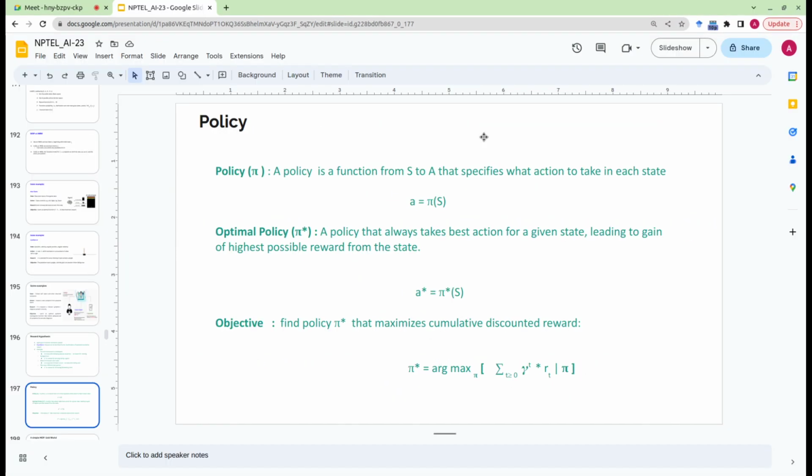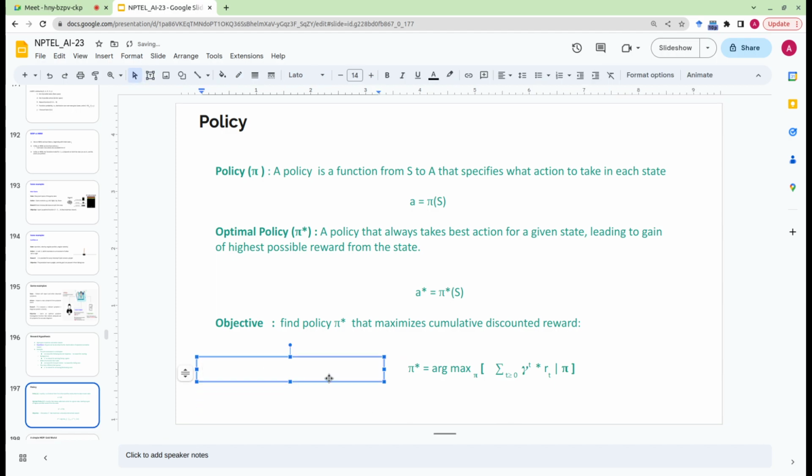Let me write it down for you, which will make much more sense. I'll always try to optimize capital R, which is the total reward, rather than focusing on R0. I started with R0, and the gamma factor is 1 here.